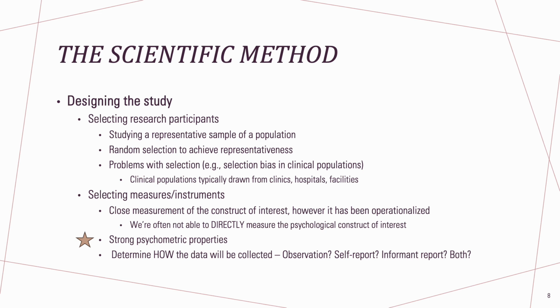So once we have a clear understanding of the construct of interest and how we want to measure it, we then need to select measures that are capturing the particular thing we're interested in and identifying measures that are strong in terms of their psychometric properties. So we want measures that have strong reliability, strong validity. There's evidence that supports the use of this particular measure in this population that we're interested in.